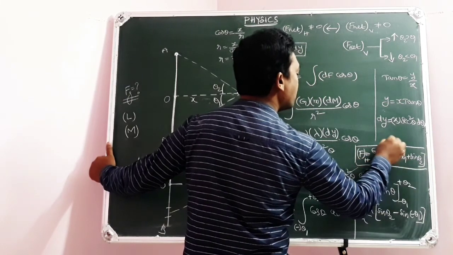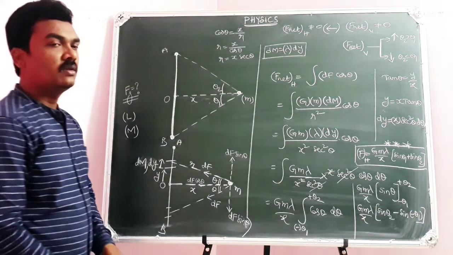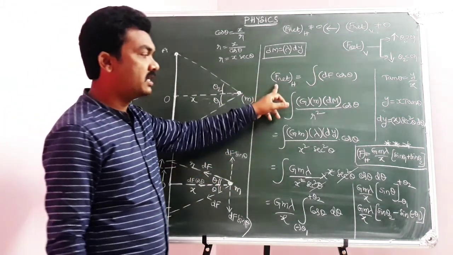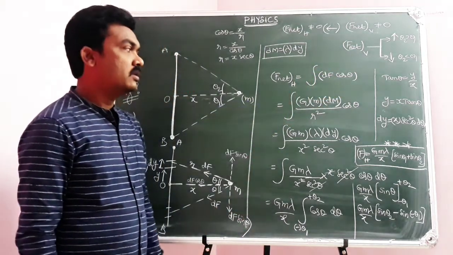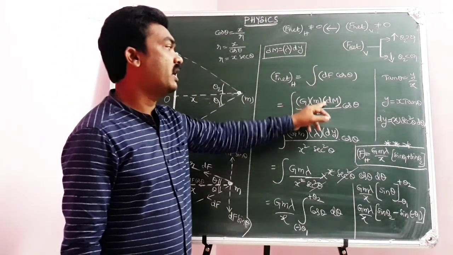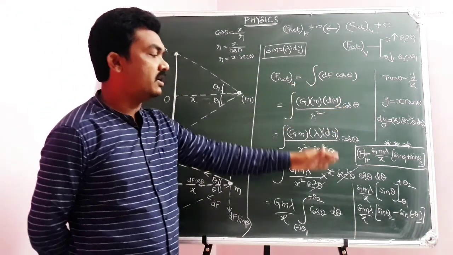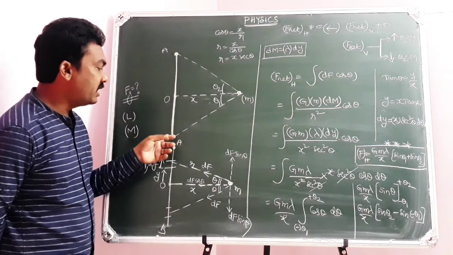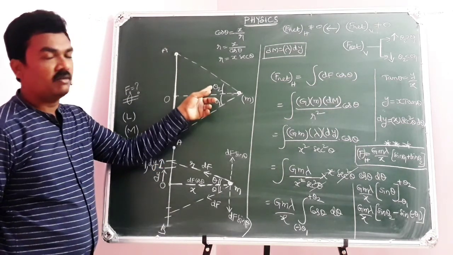This is the final conclusion. The net force in the horizontal direction can be obtained as the integral of dF cos theta. So dF is G m1 m2 by r square into cos theta. Now we have converted the entire equation in terms of theta because we have to integrate between the limits B to A, so they are in terms of theta 1 and theta 2.